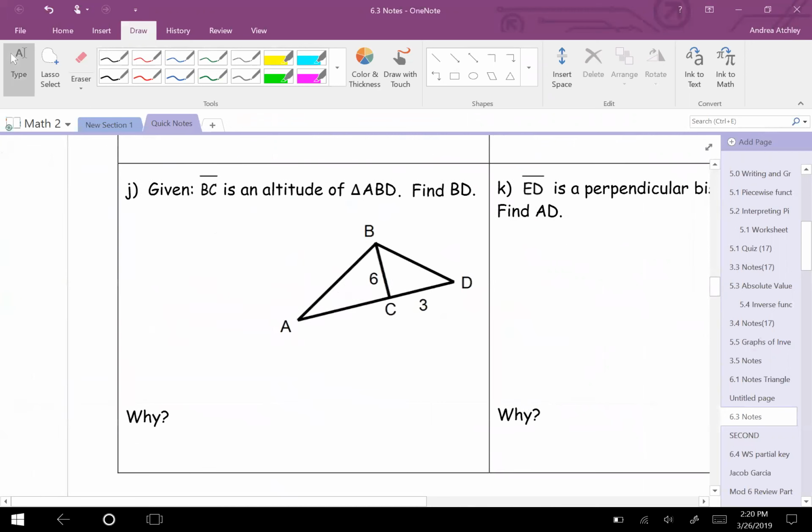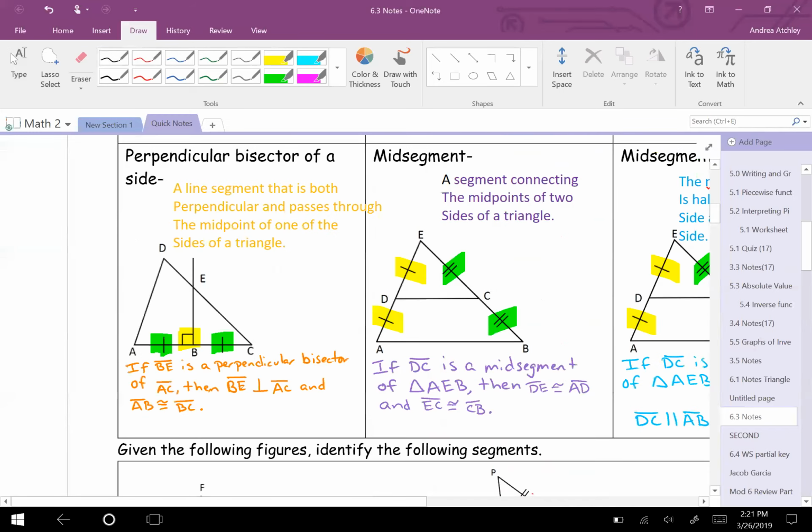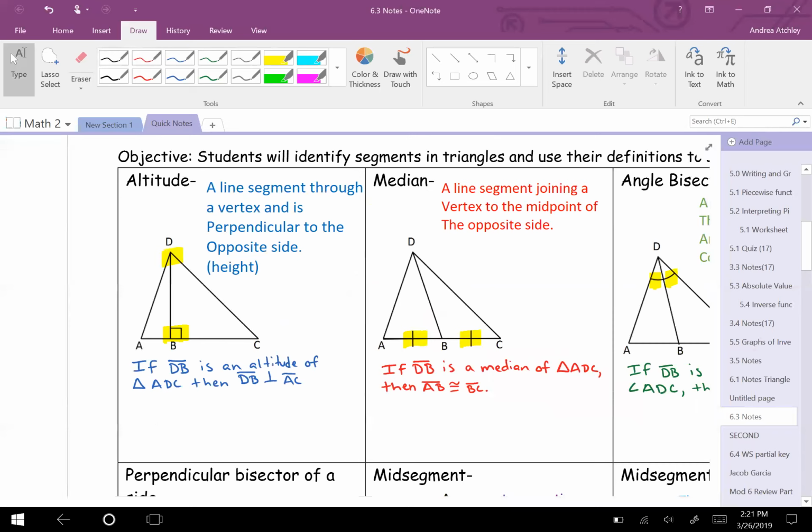Okay, next one. It says given BC. Did you get it down? Okay, given BC is an altitude. I need to go back up and see what an altitude means. Here's an altitude. It's from a vertex to the opposite side, and it's perpendicular. So it's a right angle there.